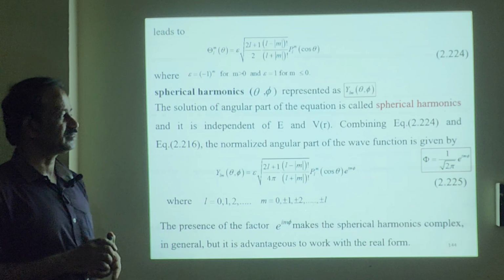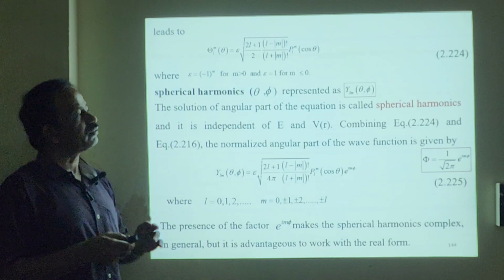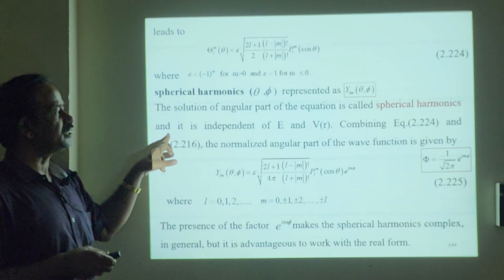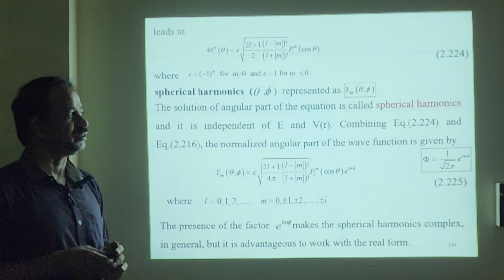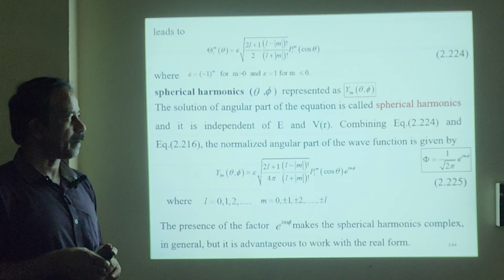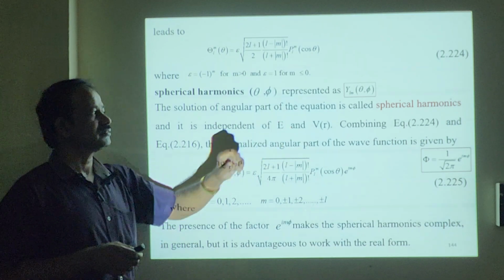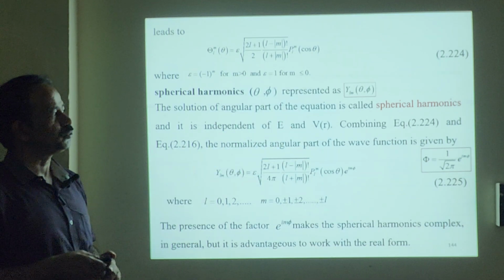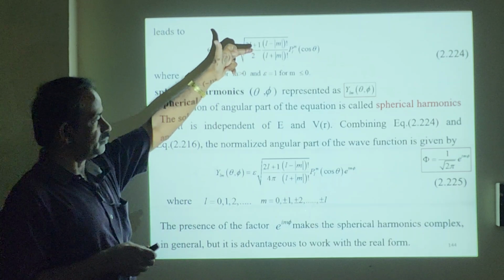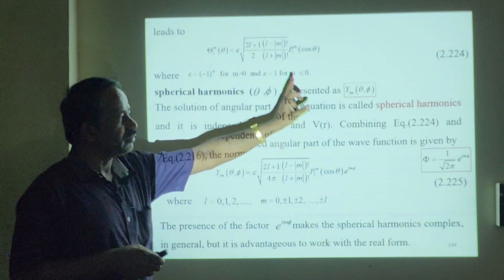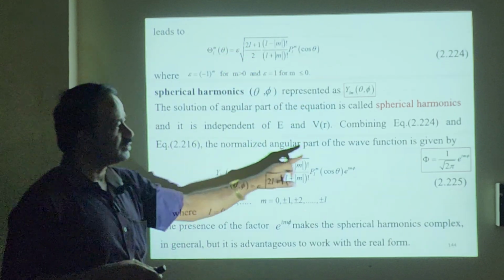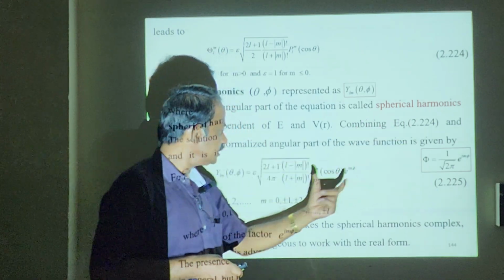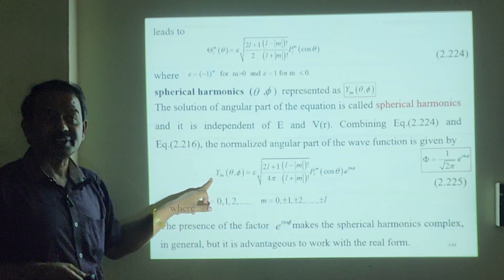The solution of the angular part of the equation is called spherical harmonics and is independent of E and V(r). And this is the radial part. So combining 2.224 and 2.216, the phi part, put together that will give you the complete solution for spherical harmonics.